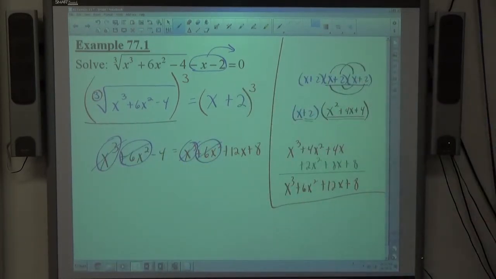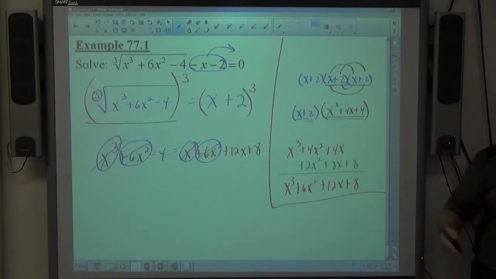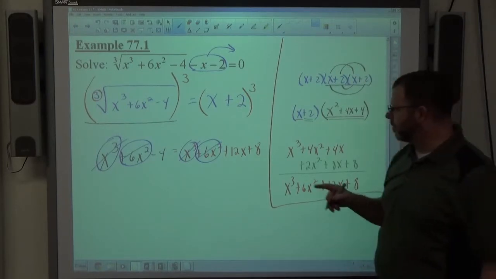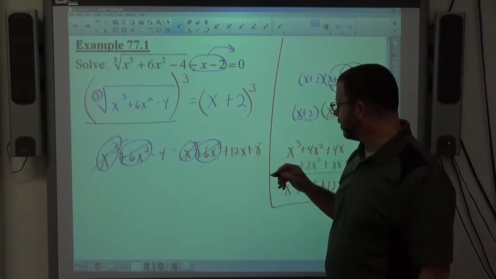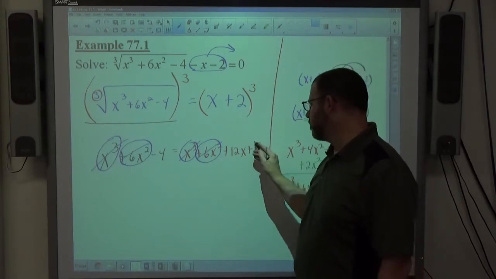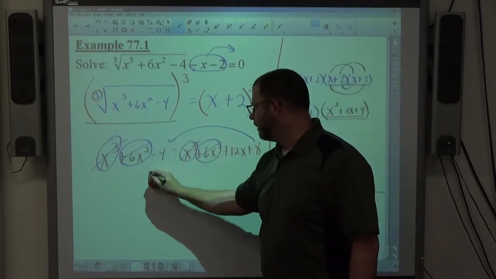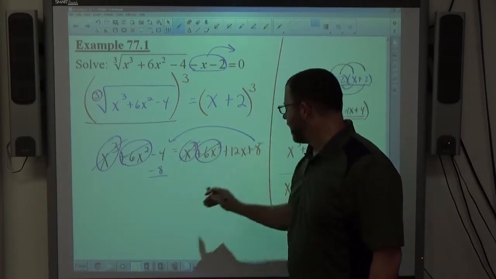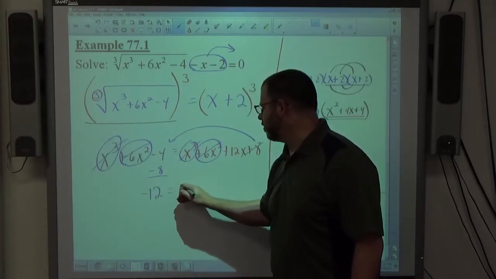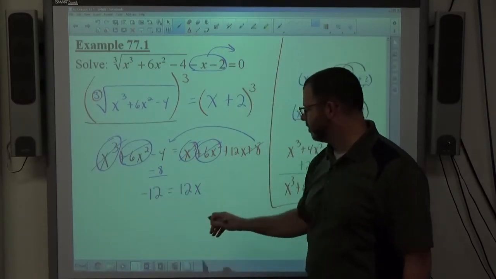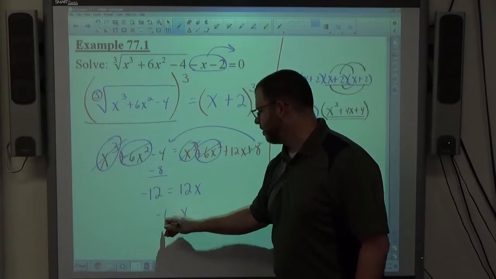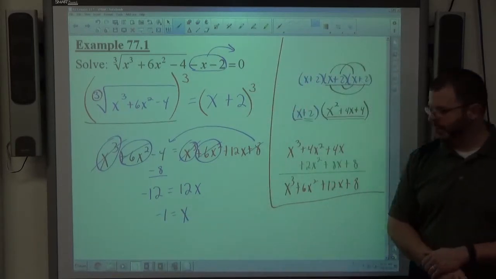If things on the left-hand side match things on the right-hand side, subtracting those things from both sides gets them off the equation, right? The remaining equation is pretty simple. Negative 4 plus 12x equals 12x plus 8. I'm just going to move the 8 over there. That gets me minus 12 on the left-hand side is equal to 12x on the right-hand side. Divide, we get x equals negative 1.